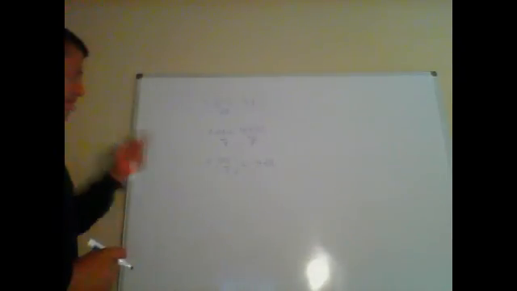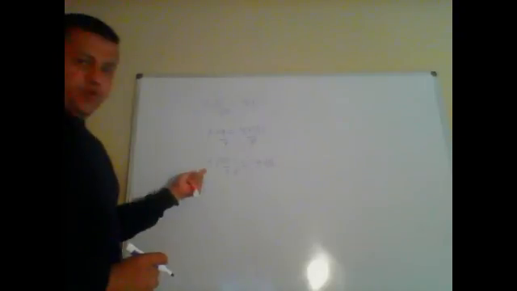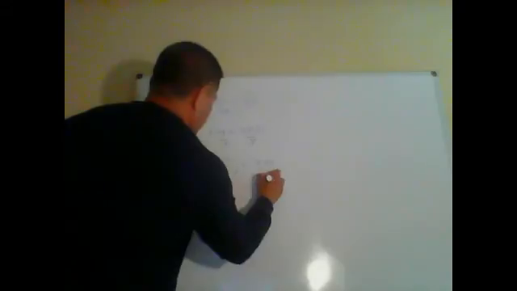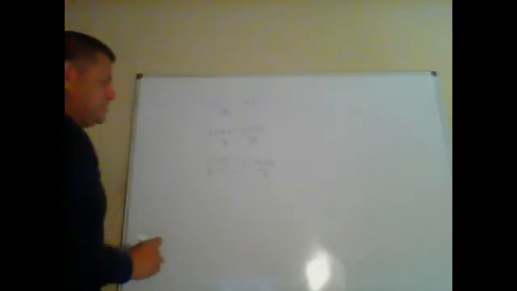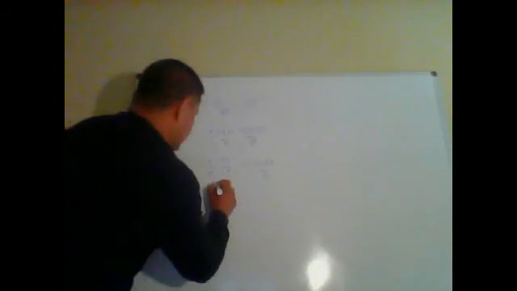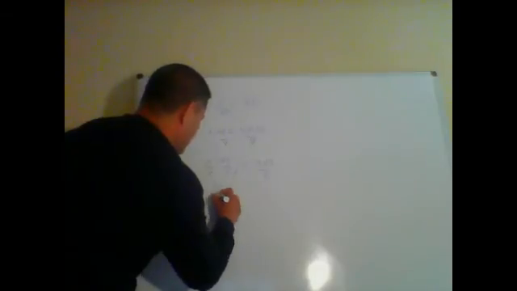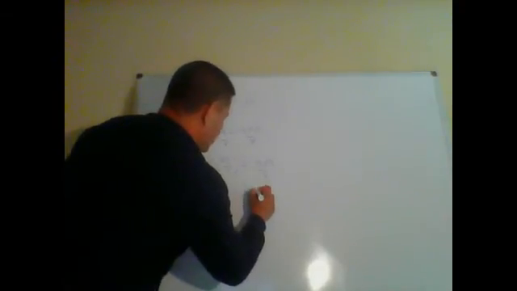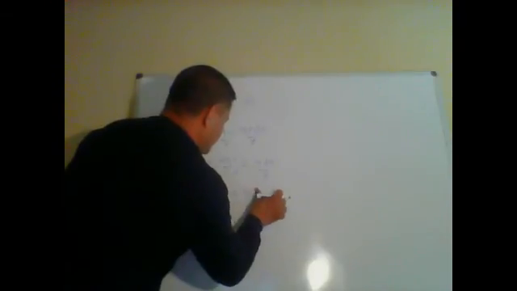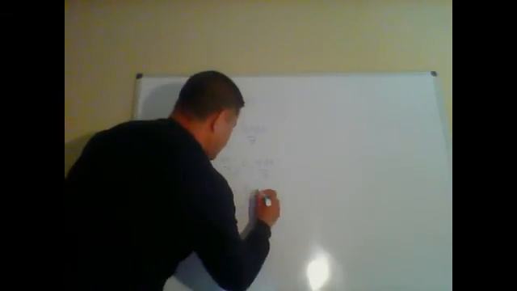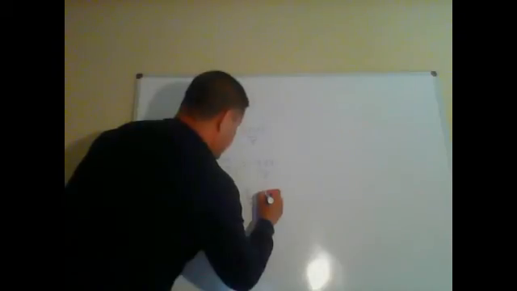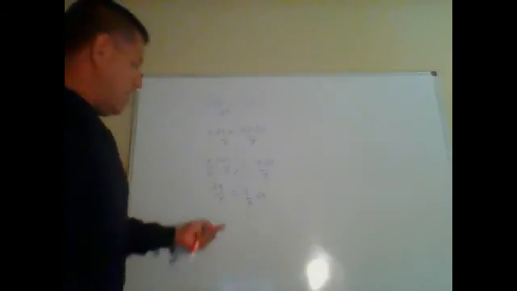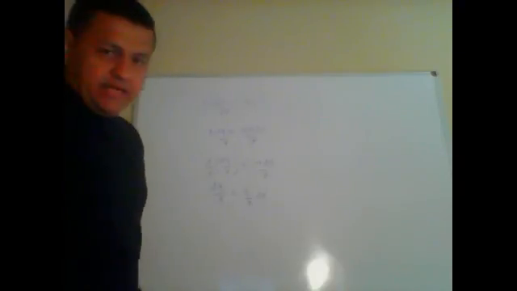Now I divide both sides by x. When I divide both sides by x, I get dy over y equal 4 over x dx. Now I have separated.